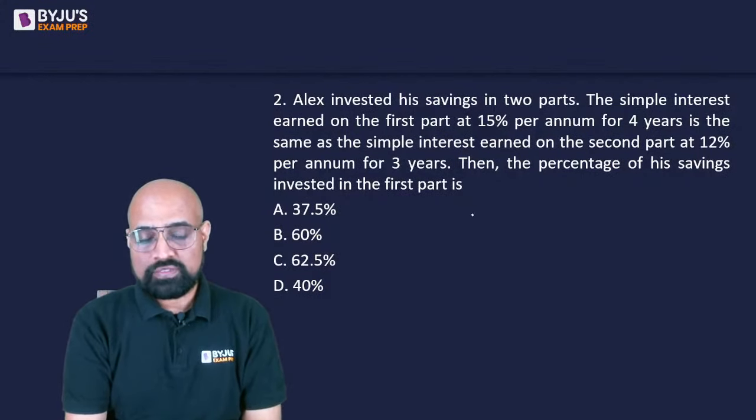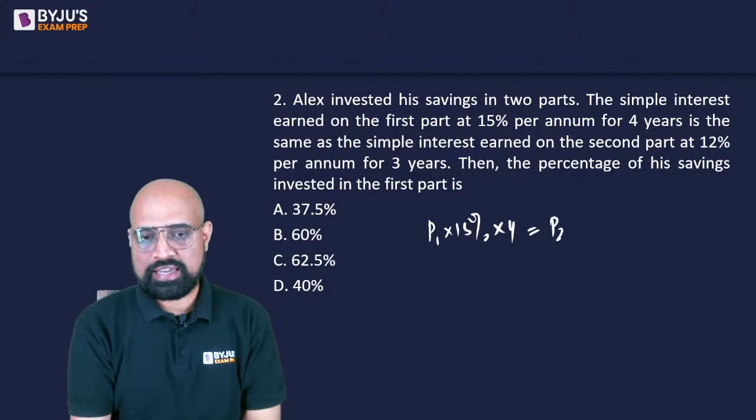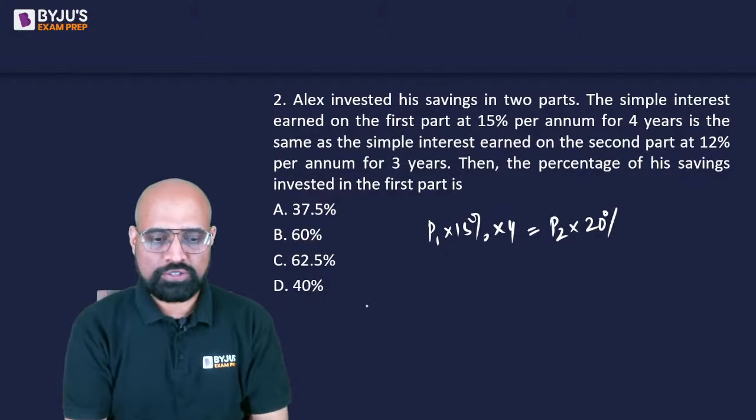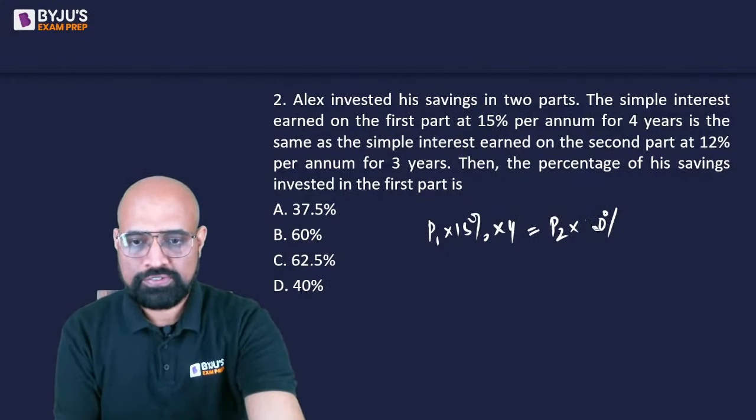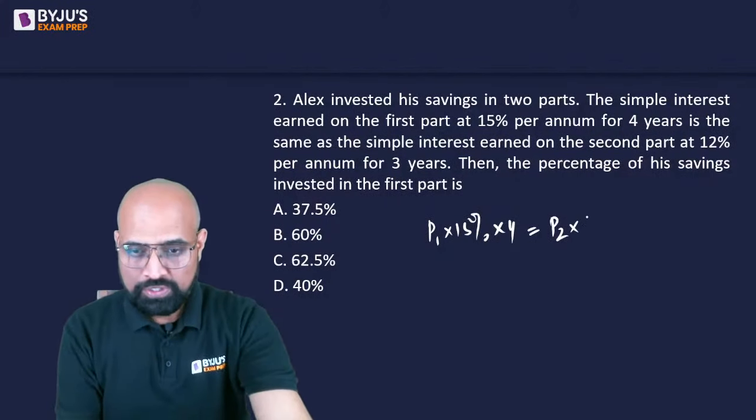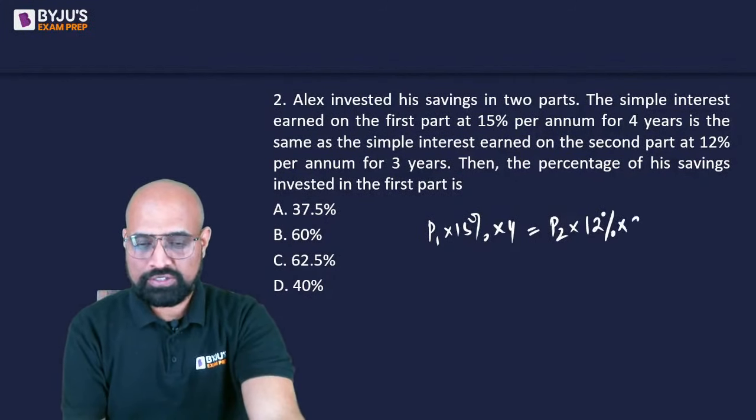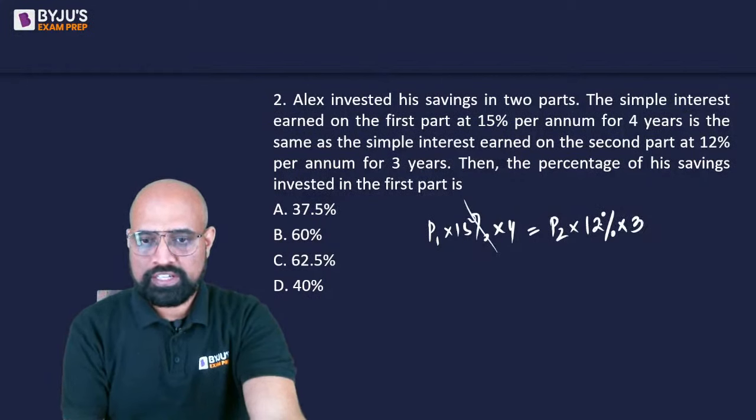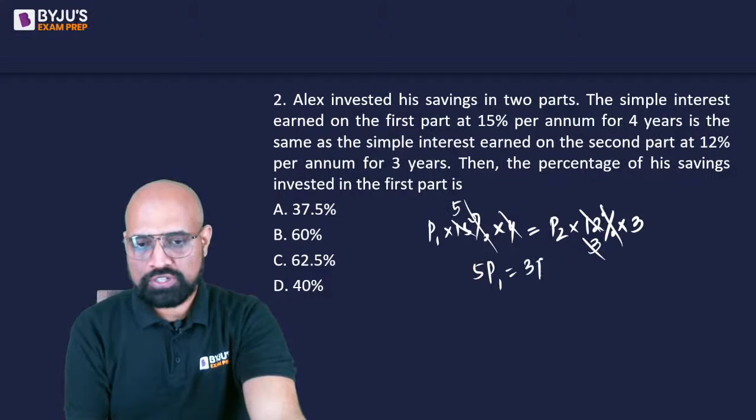So first part, 15%, 4 years, is the same as second part, 12%, 3 years. So the percentage goes away, the 4 goes away, and another 3 goes away. So we get 5 times the first part equals 3 times the second part.